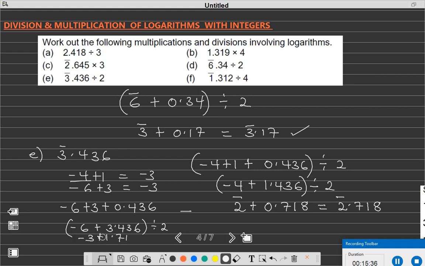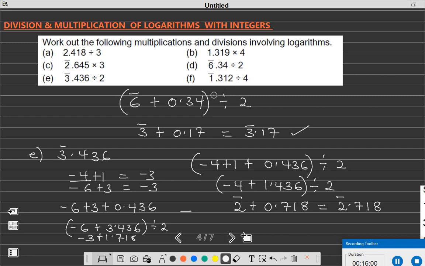So you can see that this 1 and this minus 3 will give us a minus 2. That is the 2 bar as we got here. So even if you use negative 8 plus 5, you'll get the same answer.